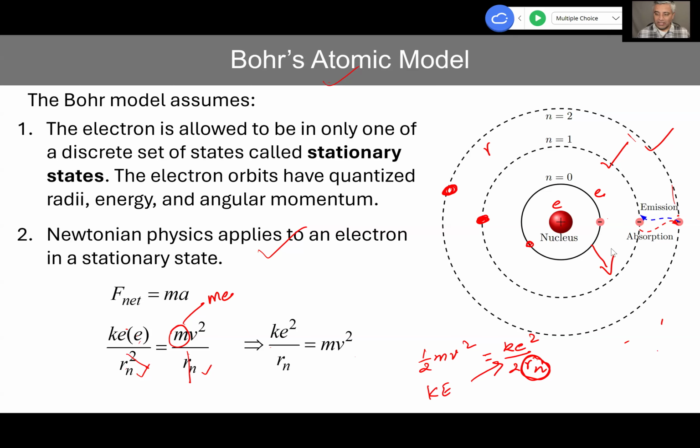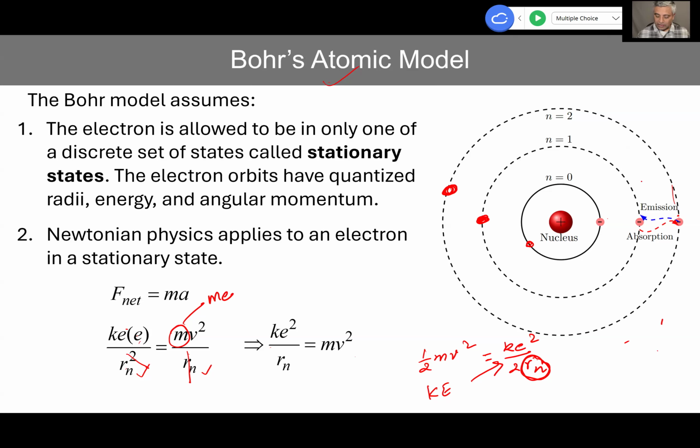Okay, so that's that. Now, since there was a visible line spectrum, remember, that means light can come from the atom and the atom still survives. How does that happen? That explanation was needed.